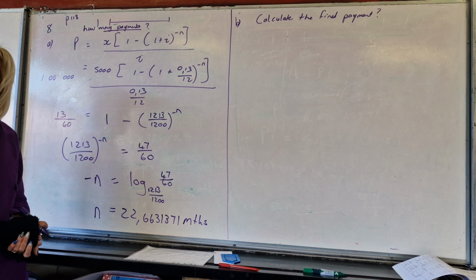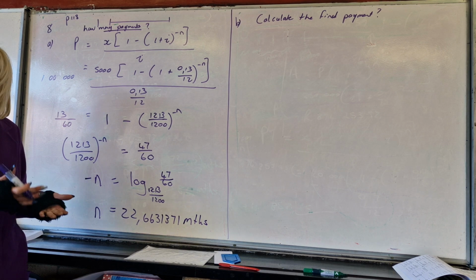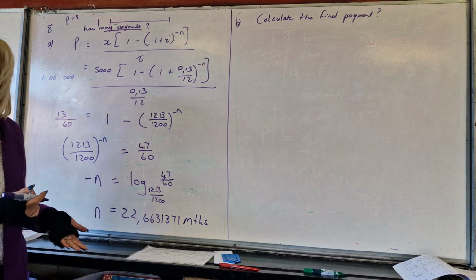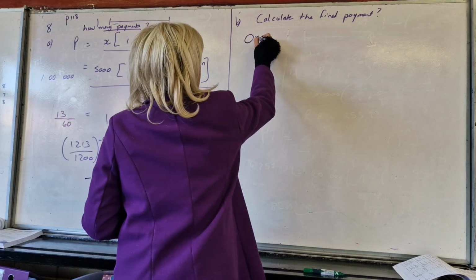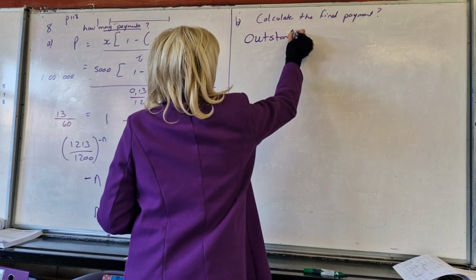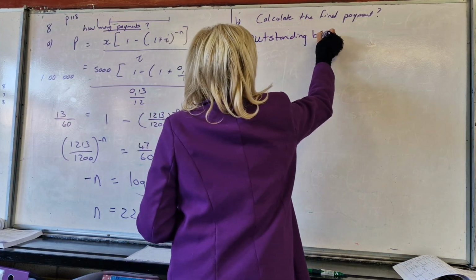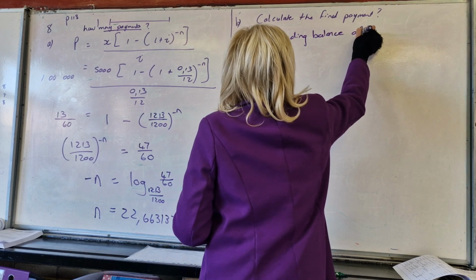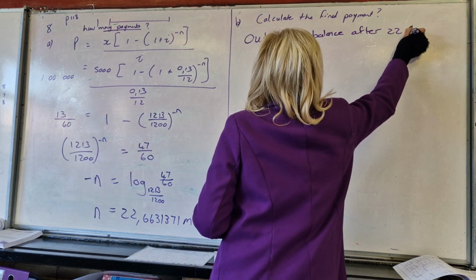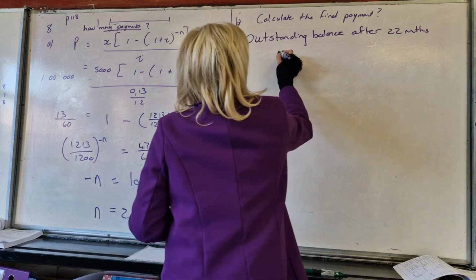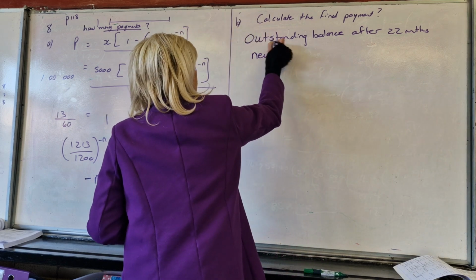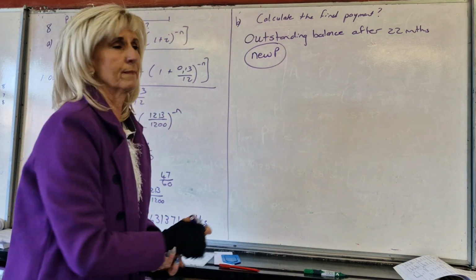Now, they didn't say first work out the outstanding balance, but that's what you've got to do. You'll have to first find the outstanding balance after 22 months. So it's a new P sum.